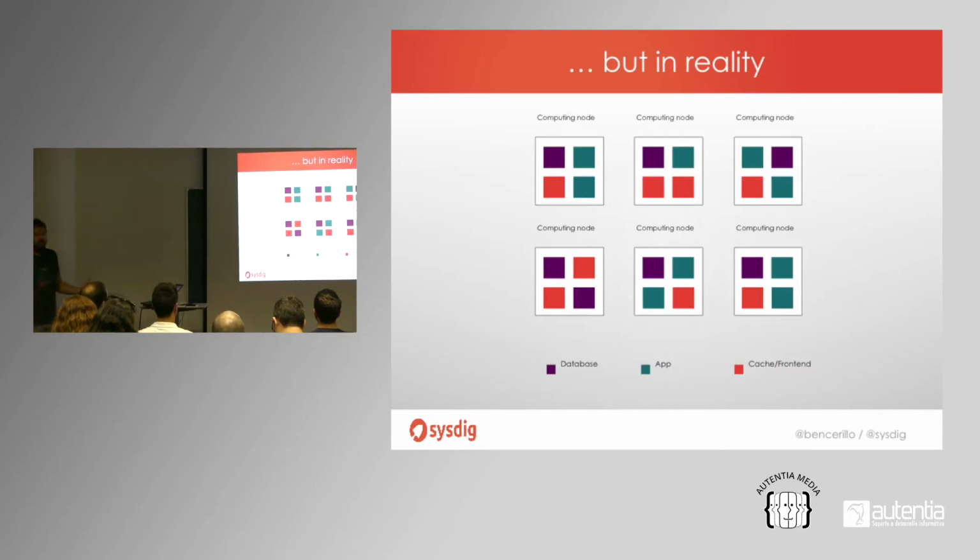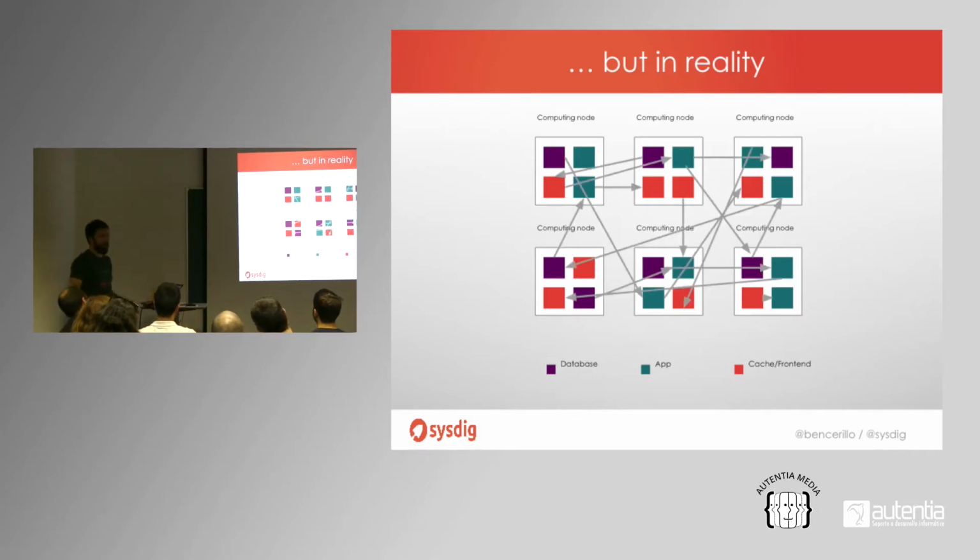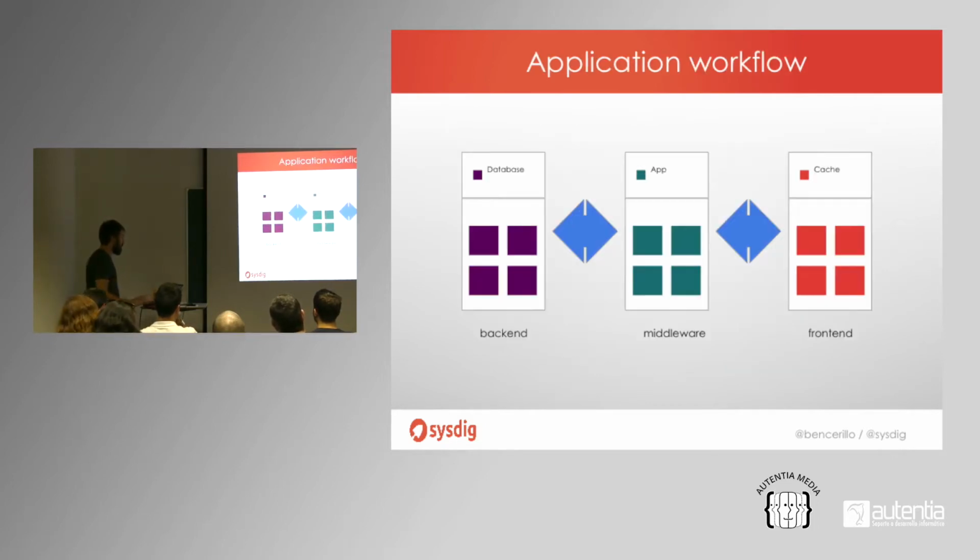But in reality, what's happening under the hood is that we have a bunch of different servers with different containers running different microservices that are moving around across our infrastructure, and we don't have that clear picture that we had before where everything was sitting in the same place. We have a lot of components, pieces moving around, and they are talking to each other. So we have highly increased the complexity of our infrastructure.